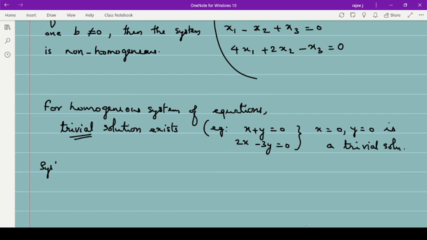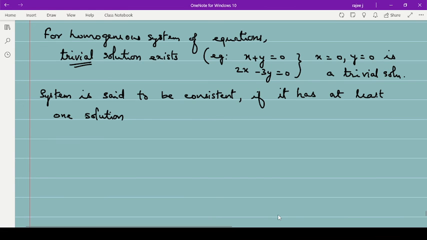A system of equations is said to be consistent if it has at least one solution, and inconsistent if it has no solution.